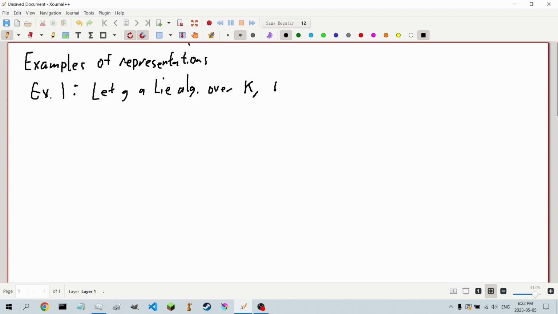and of course M is going to be a G module.